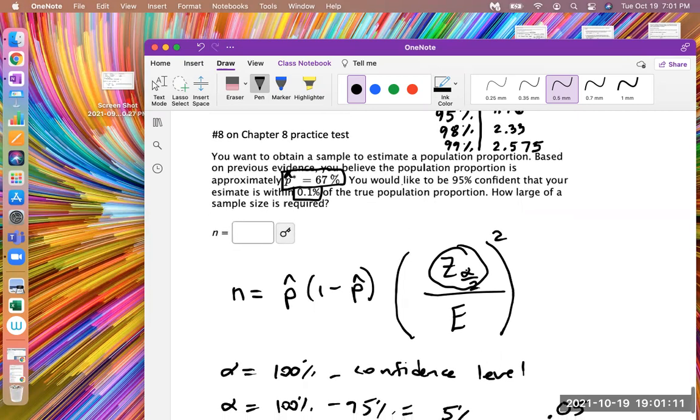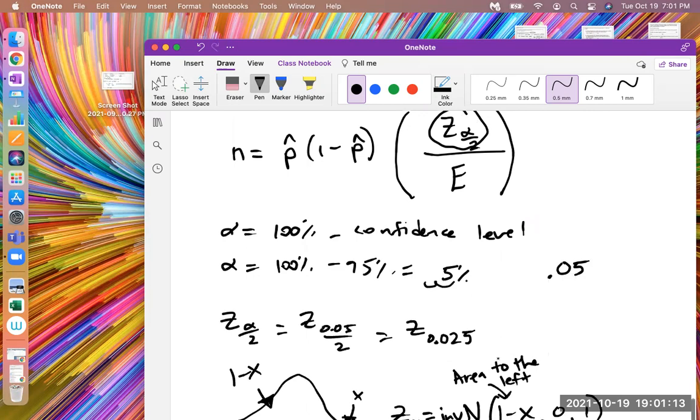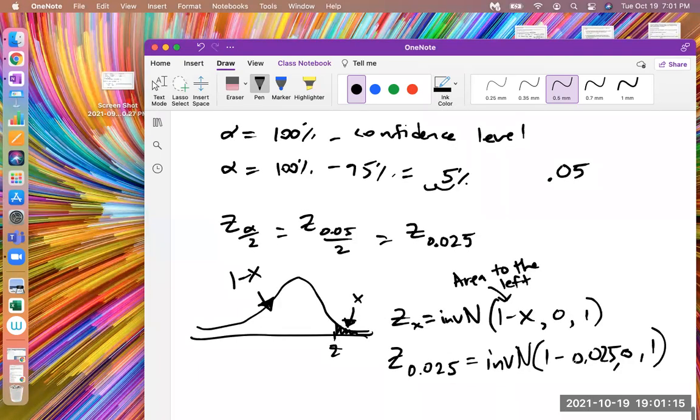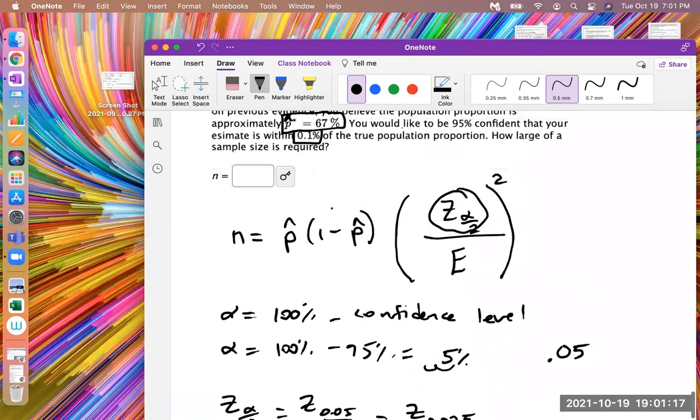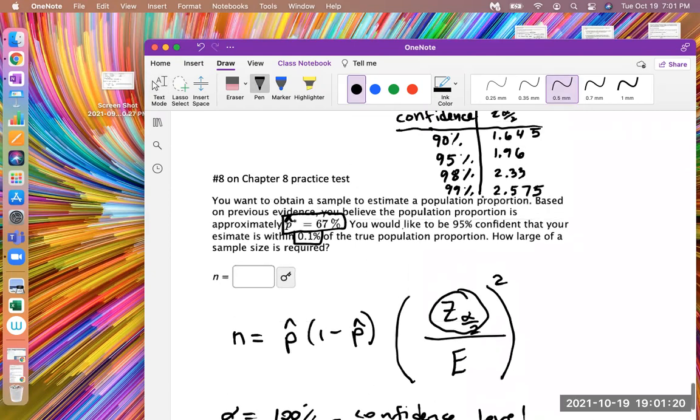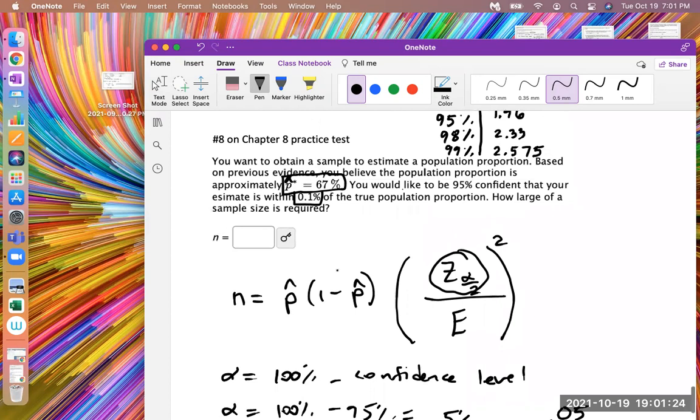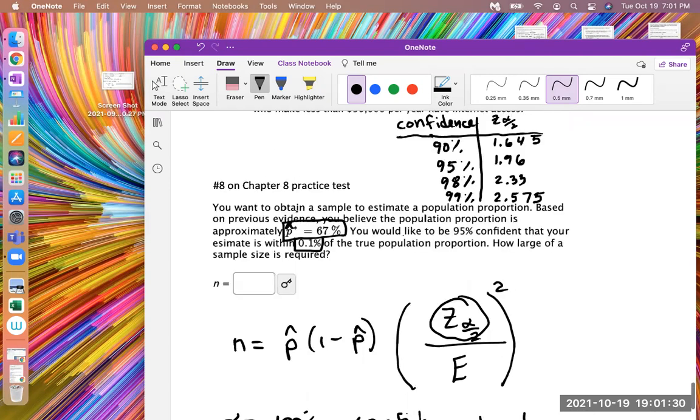Okay. What I did right now is I was saying that this problem is a population proportion problem, and they're looking for the sample size. So we have to use this formula and be very careful, because for every problem in chapter 8, you have to always ask yourself, is this a population mean they're talking about, or a population proportion?